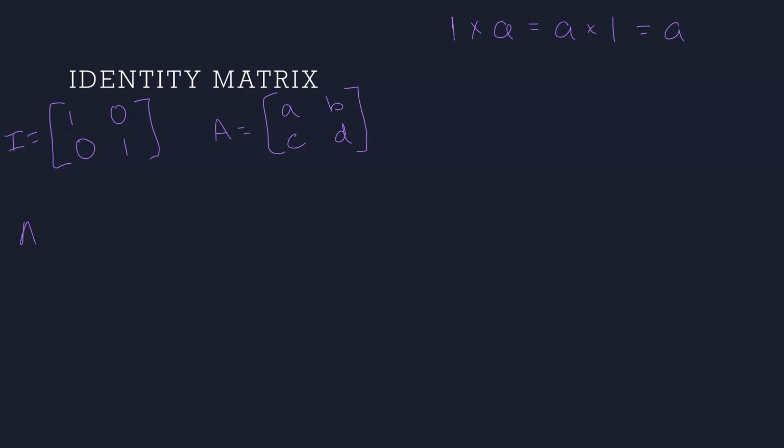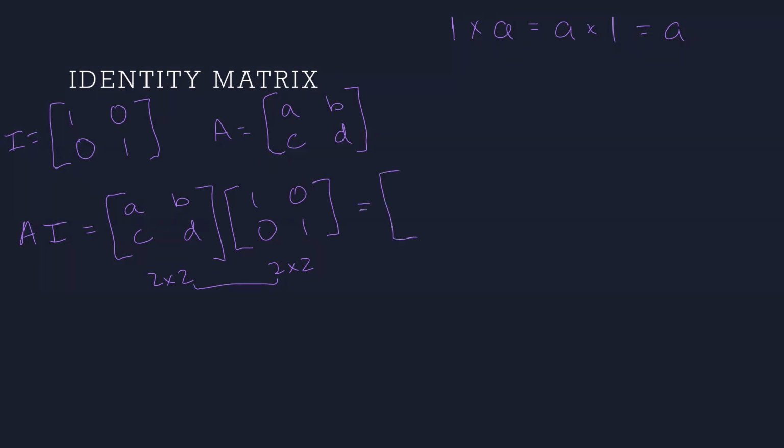So I'm going to multiply A by I, so A, B, C, D by 1, 0, 0, 1. And this is a 2 by 2 times a 2 by 2. I am able to multiply them, and the result should also be a 2 by 2.